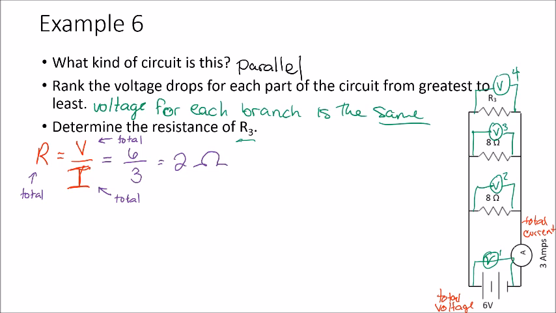So now we know the total resistance in the circuit is 2 ohms. So let's try to solve for resistance number 3. This is a little tricky because it's in parallel, but we know that 1 over the equivalent resistance is 1 over each of the other resistors added together.